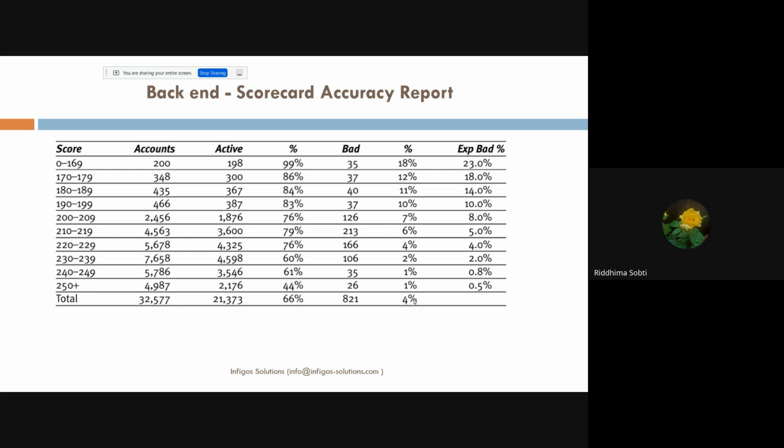Sir, if there is a falling trend with the rise in scores as shown here, going from 18% to 4, a continuous fall, that is what we want also. In both cases, the actual bad rate percentage and the expected bad rate from the model, there is no trend break, only a continuous fall.